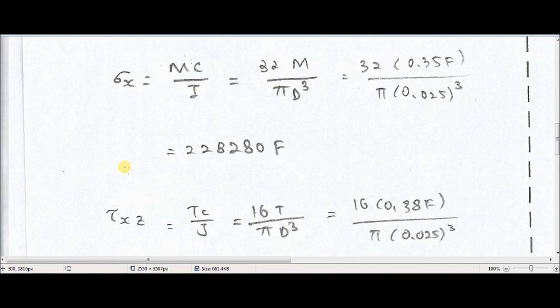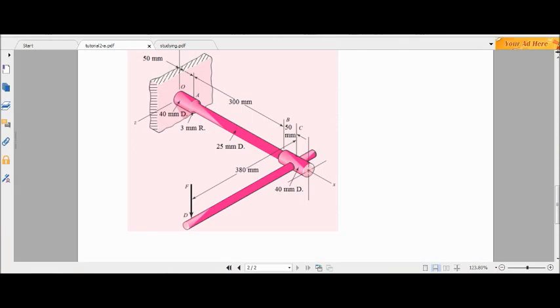In the next step, let me add a point here. As we know, the bending stress at the top of the shaft is maximum, and at the center or neutral plane it is 0.